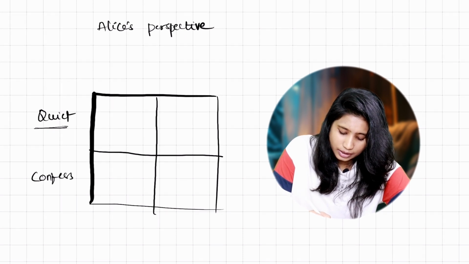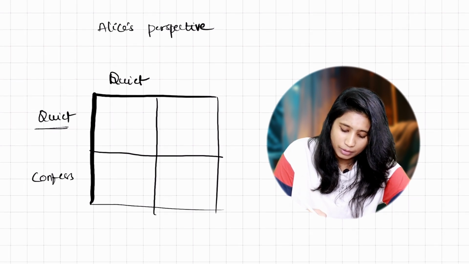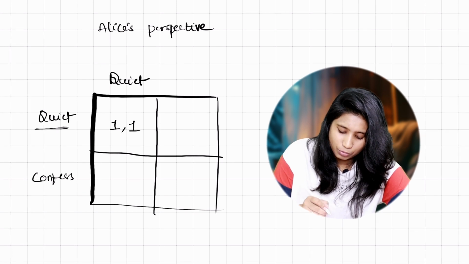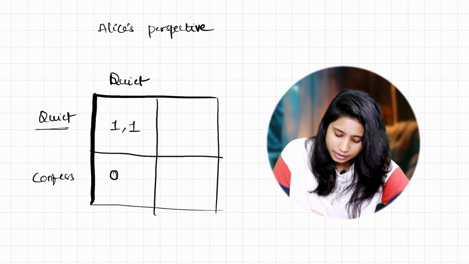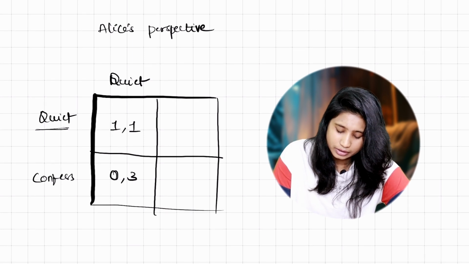And let us think Bob keeps quiet. So what if Elise is quiet and Bob is quiet? Both of them will be imprisoned for 1 year. And what if Elise confesses and Bob is quiet? Elise will be relieved and Bob will be imprisoned for 3 years.